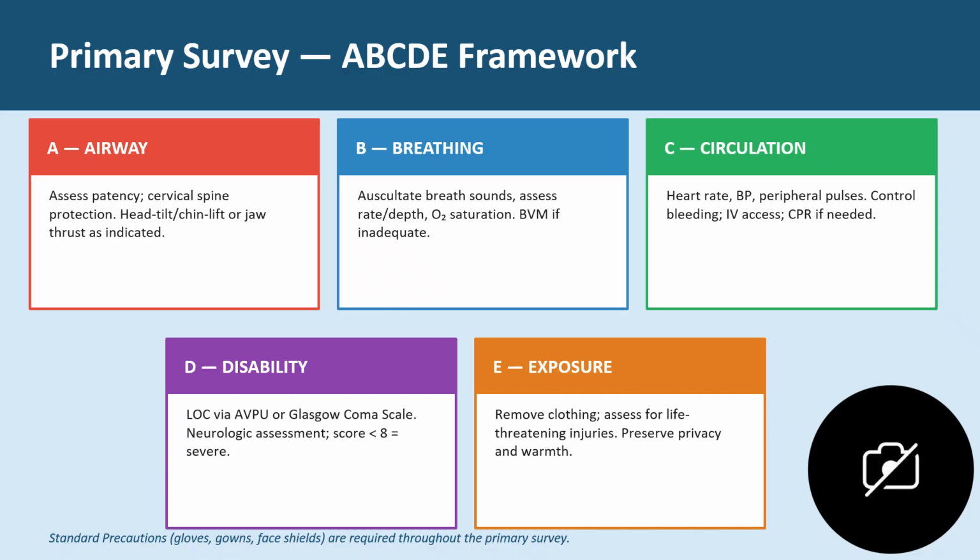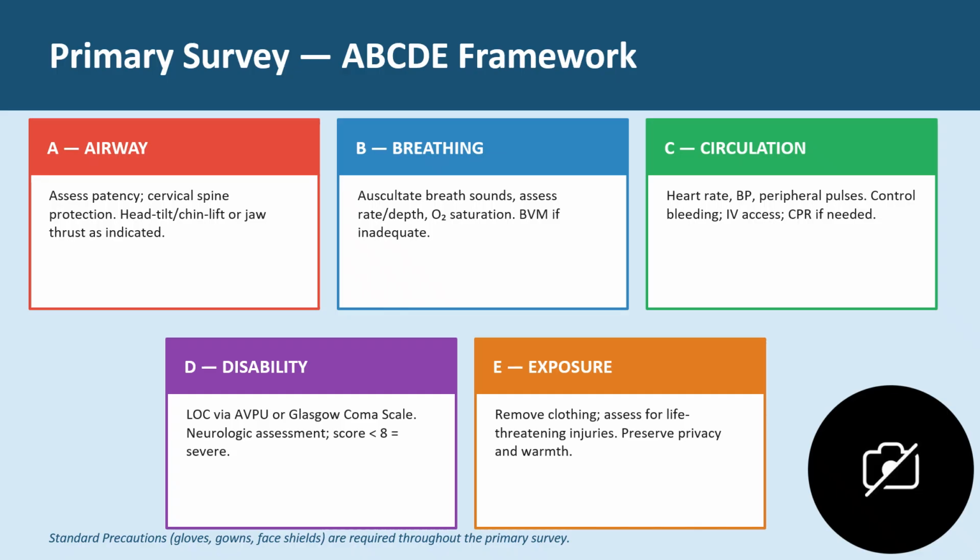If the score is less than 8, it is severe. And for the exposure, remove all the clothing and assess for life-threatening injuries on all sides of the body, left lateral, right lateral, the back, and all the extremities, while preserving privacy as well as warmth.